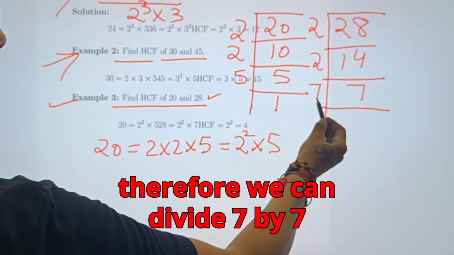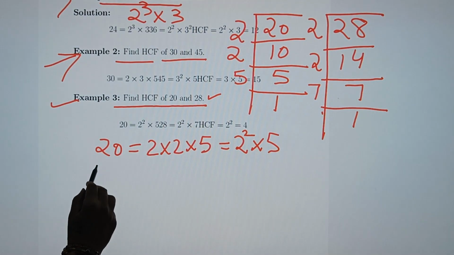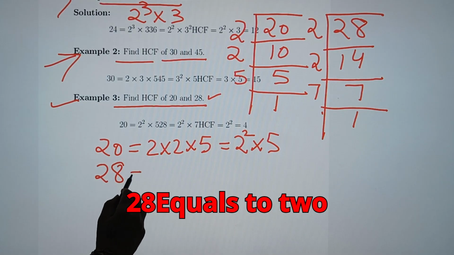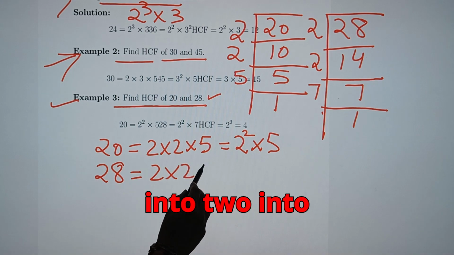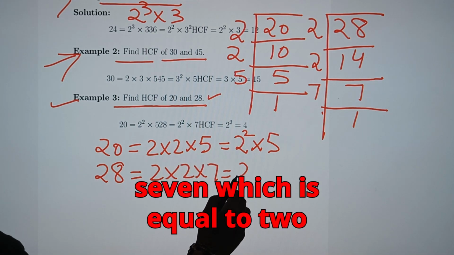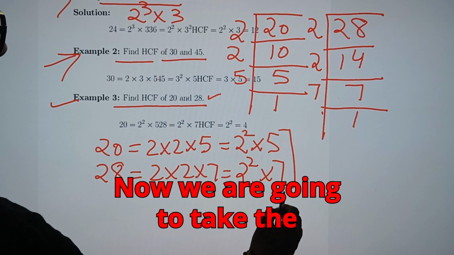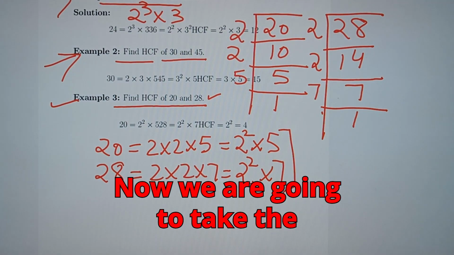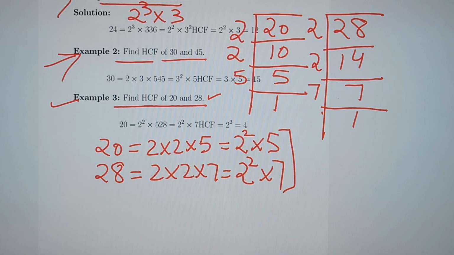Therefore we can divide 7 by 7 only. Now we can write 28 equals 2 into 2 into 7, which is equal to 2 raised to the power 2 into 7.